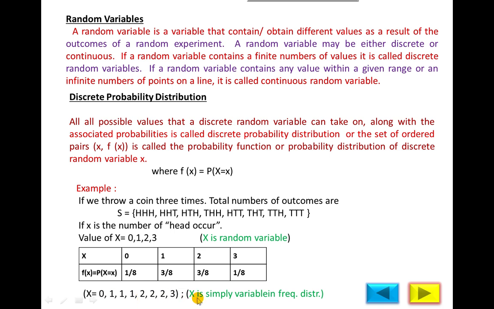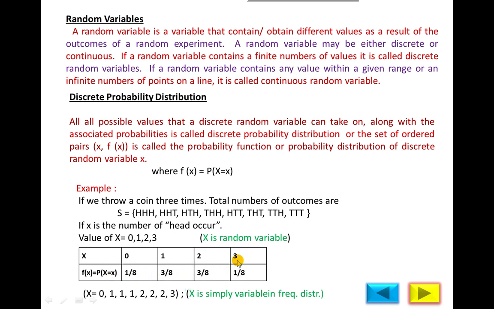then x is simply called a variable in a frequency distribution. If you represent 0, 1, 2, 3 with frequencies 1, 3, 3, 1 in the frequency column, these are the relative frequencies.